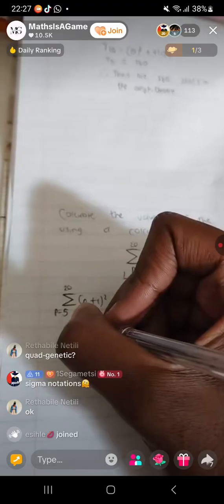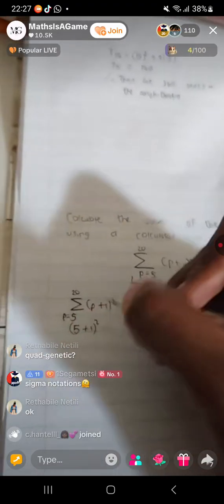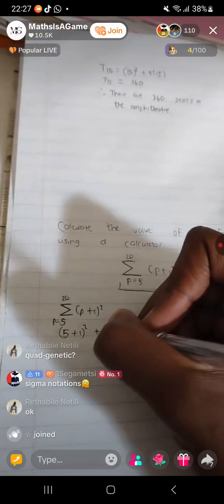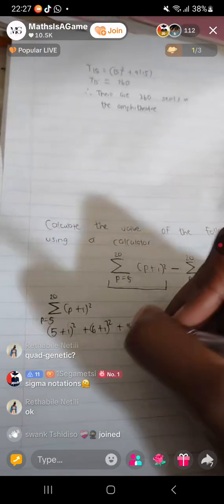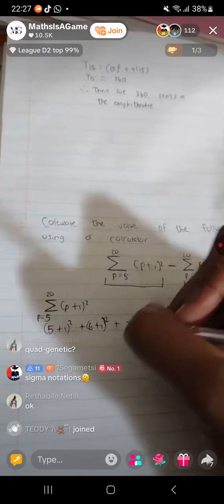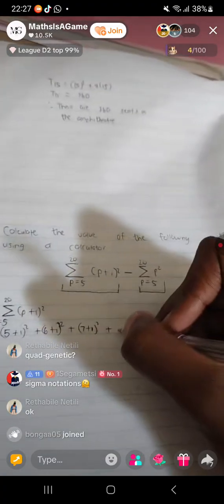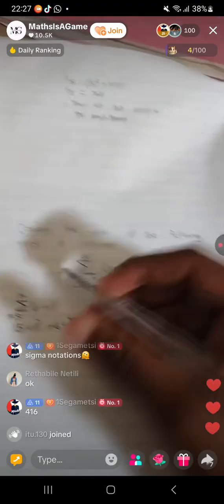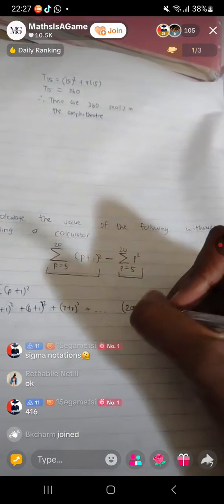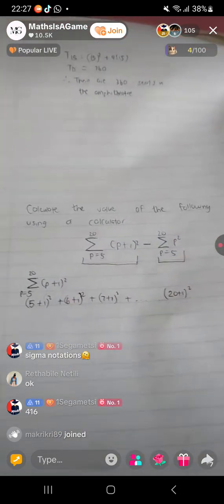If we were to write down our series: 5 plus 1 squared plus 6 plus 1 squared plus 7 plus 1 squared plus, dot dot dot, we know that at the end we are going to have 20 plus 1, the whole thing squared.